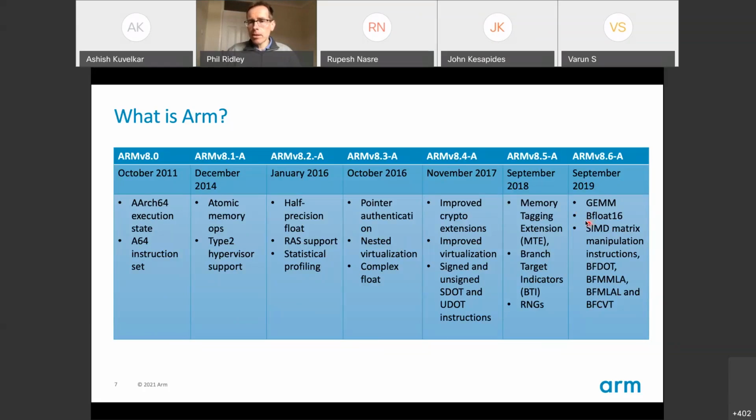More recently we've added features for matrix multiplications. All these are handled within the architecture, so it puts less stress on the tools and the compilers. We've added support for reduced precision arithmetic.